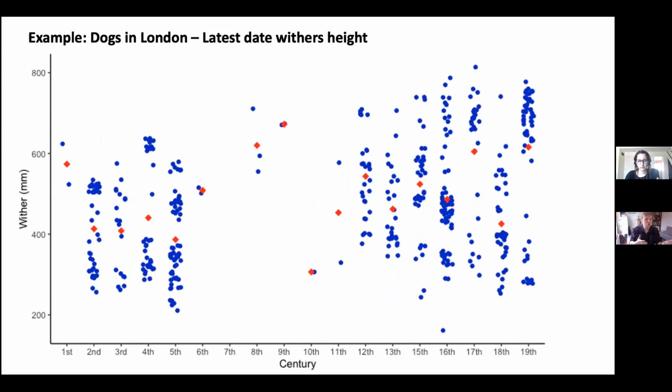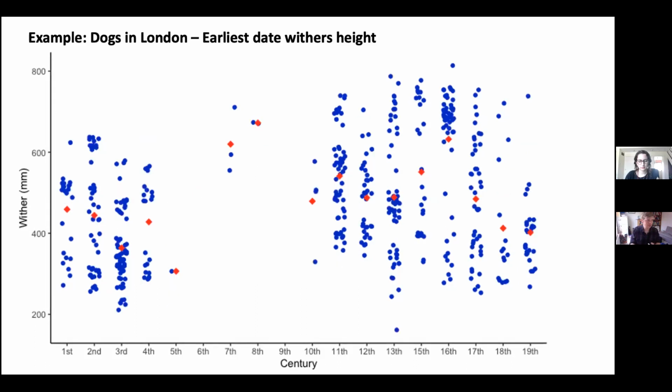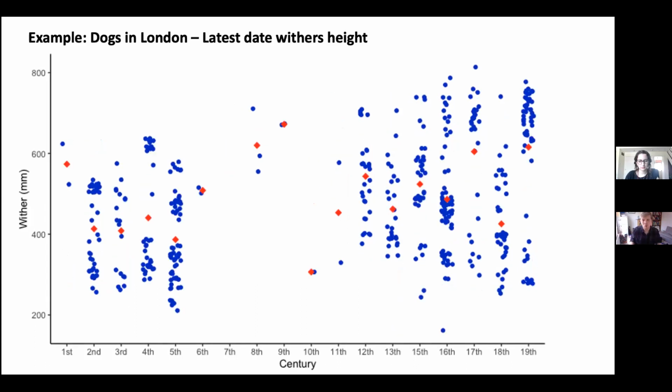Of course, you can see, if I flip back and forth, it ends up with some fundamental changes to your data. Everything that was in the first century has moved into the second. We had a very small dog in the 13th century that has moved up to the 16th century, and you've suddenly got this large concentration of larger dogs in the 19th century as well. So there are a number of issues with doing this.